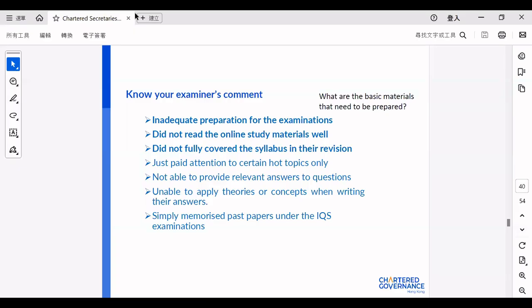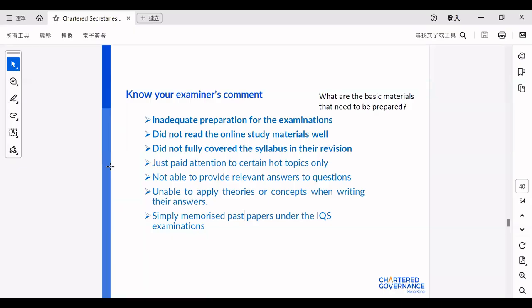Out of the whole paper, you may get 20 marks by being spotted, but for most of the marks, you will fail to identify the issues properly. So simply memorizing the past paper is not good enough. You have to analyze the past paper, understand it, and read and understand the marking scheme.